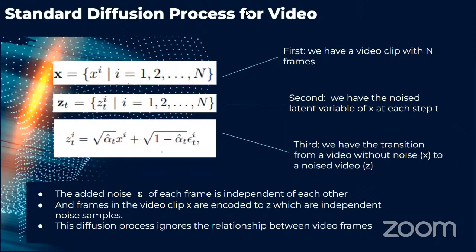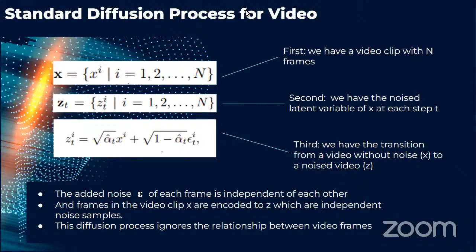We're going to talk about the standard diffusion process for a video through these three equations. X represents the video clip with n frames, and Z represents the noise latent variable of X at each step. The third equation, z_i^t, represents the video frames after adding the noise to them.